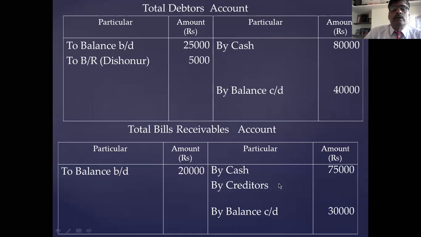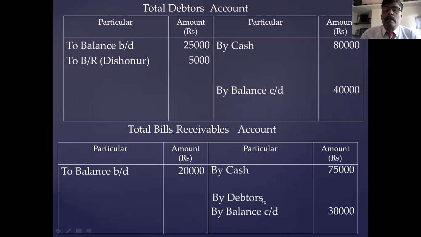By credit, it is debtors. By bills receivable dishonored, debit side you enter, then you take in the bills receivable account credit side as by debtors. By debtors amount is 5,000.